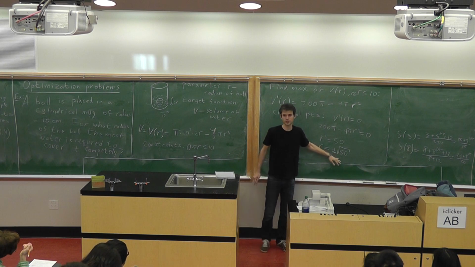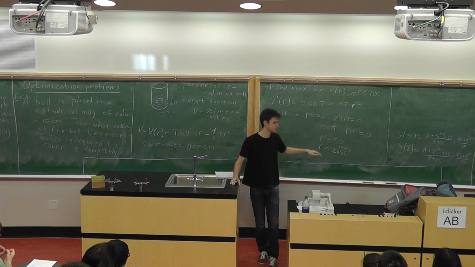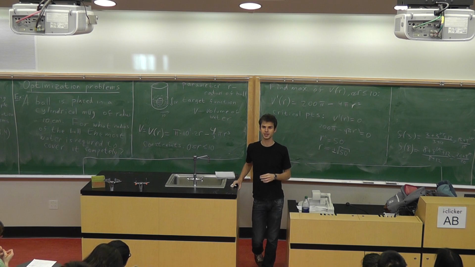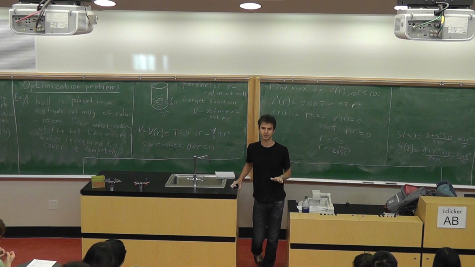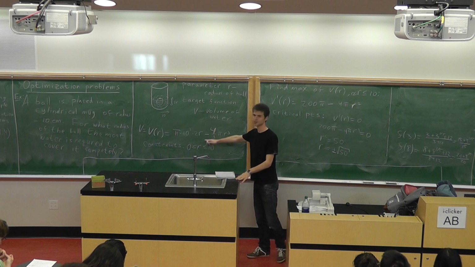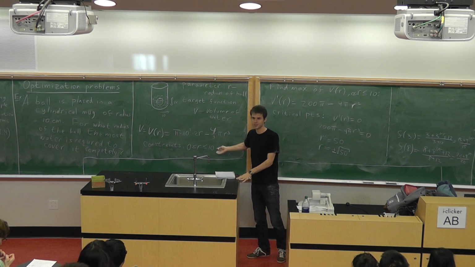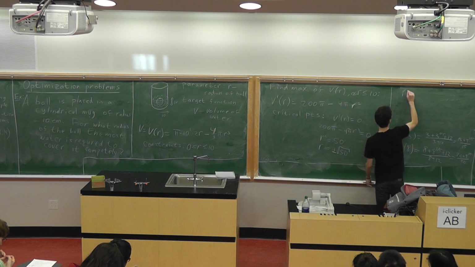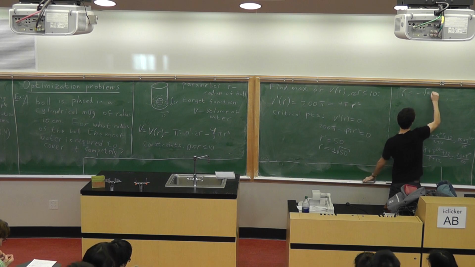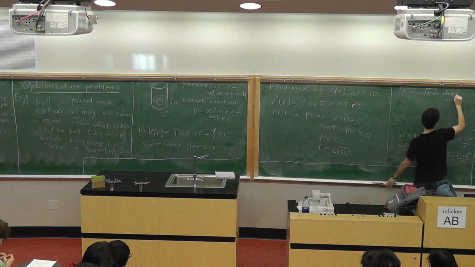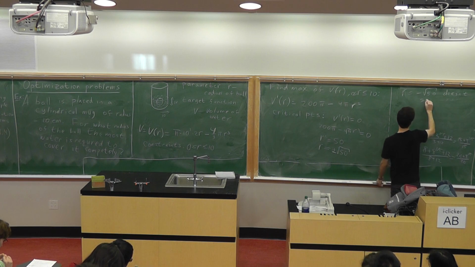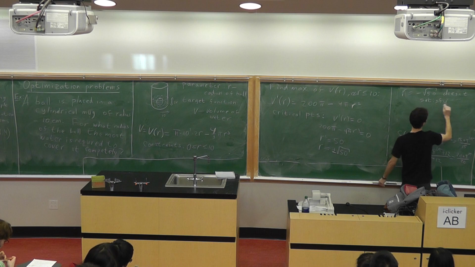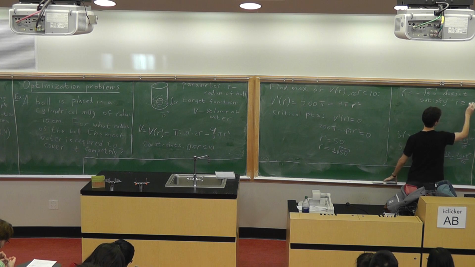So even if one of these points is the maximum, say minus square root of 50 is the maximum, it's not good for me, because the radius must be positive. So R equal to minus square root of 50 doesn't satisfy this constraint.